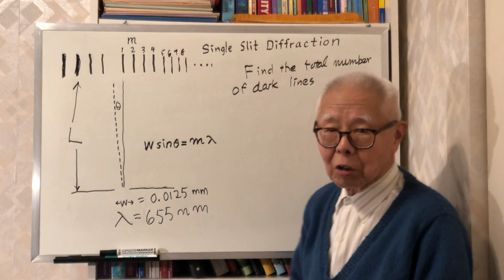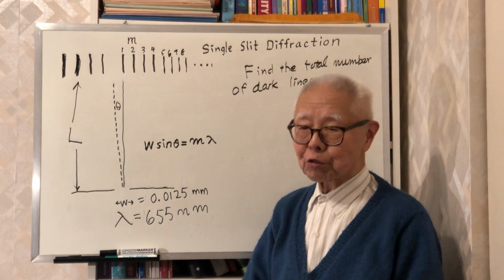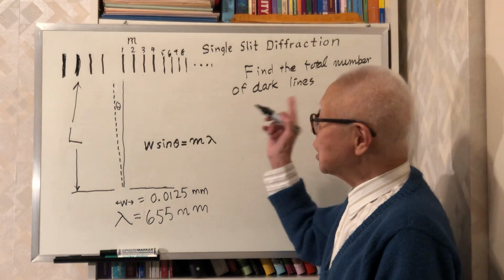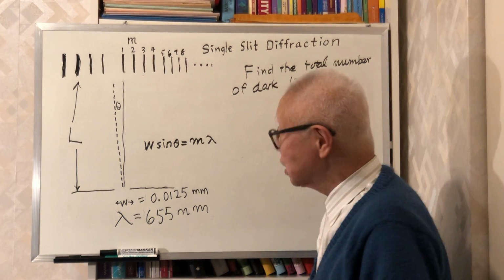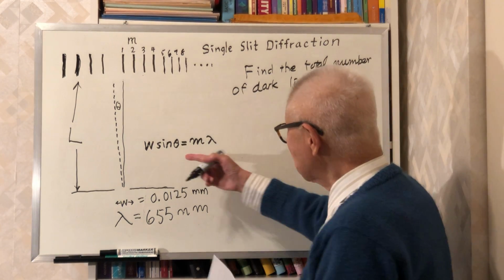Usually dark lines are called dark fringes. We talk about fringes. So how many dark fringes are there in total? We still use this formula now.